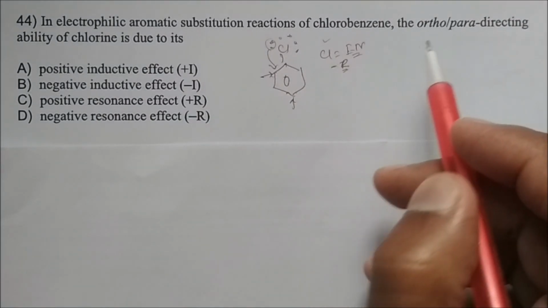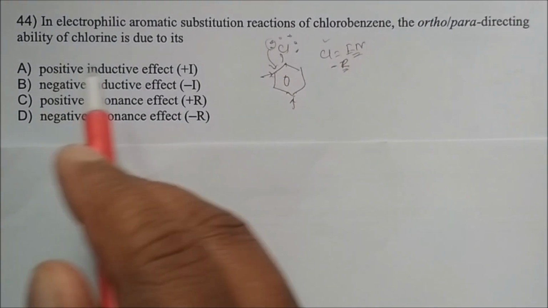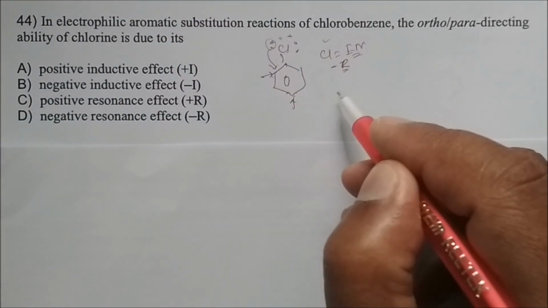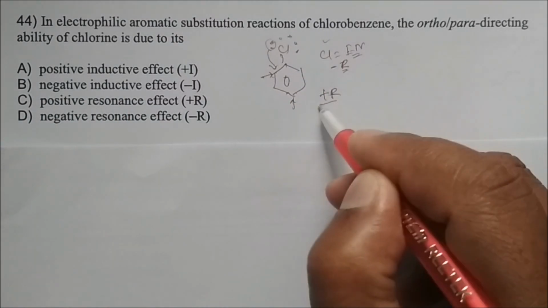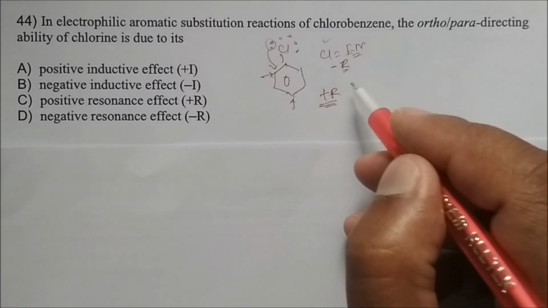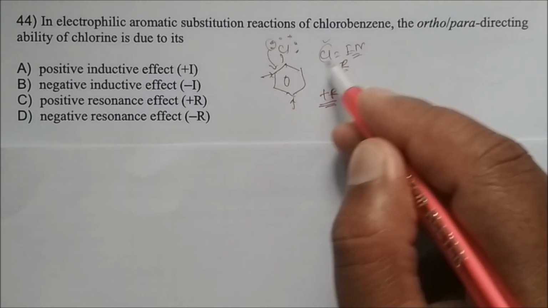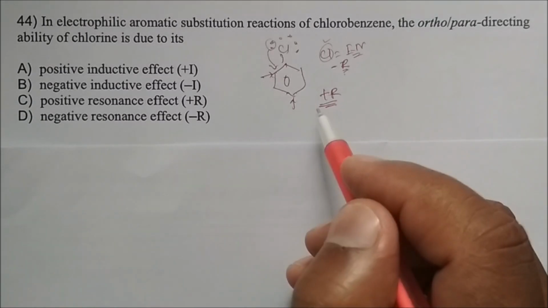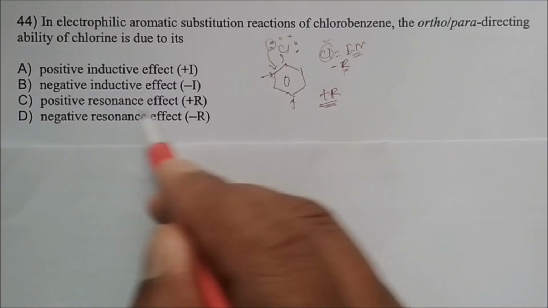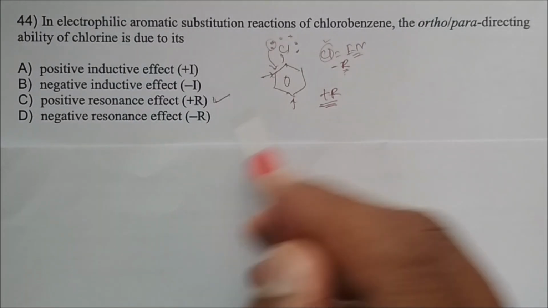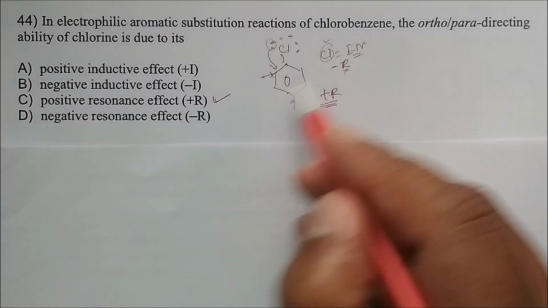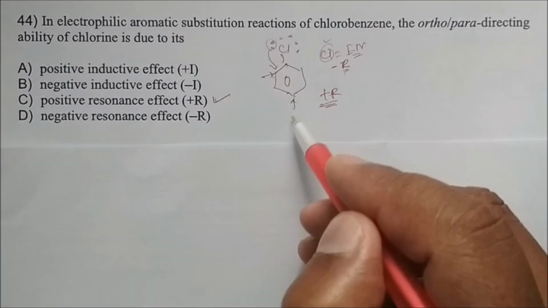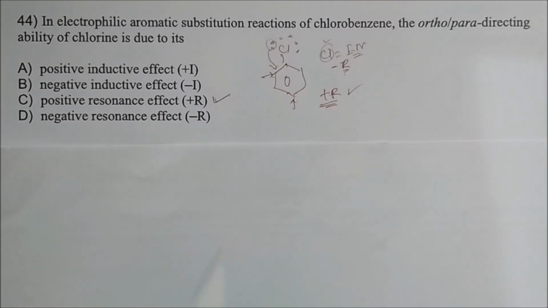So the question is which is causing ortho-para-directing. Because of this lone pair, there will be the plus R effect, or less minus I effect of this chlorine. If you see the overall effect, it is only plus R effect. So ortho-para is due to only plus R effect of chlorine, that is the lone pair present on it. So this is our answer.